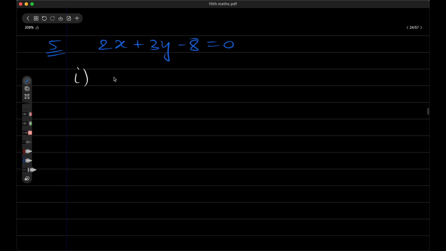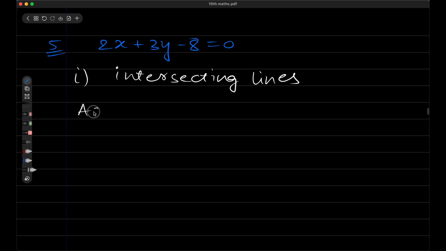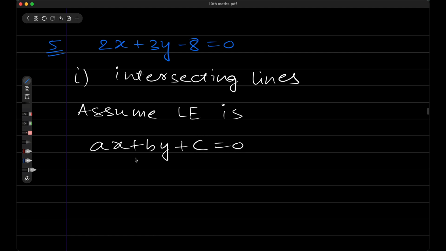So for the first, intersecting lines, let's assume the linear equation is ax plus by plus c equals to 0.